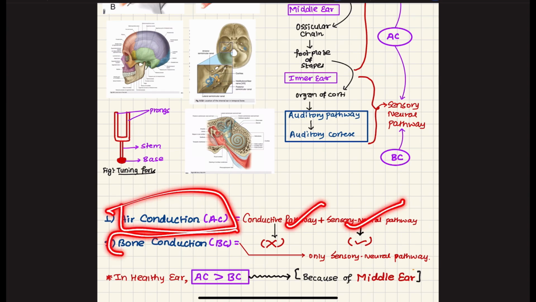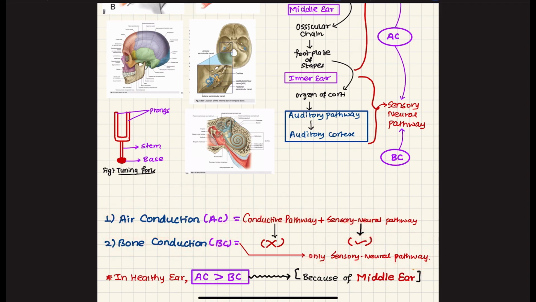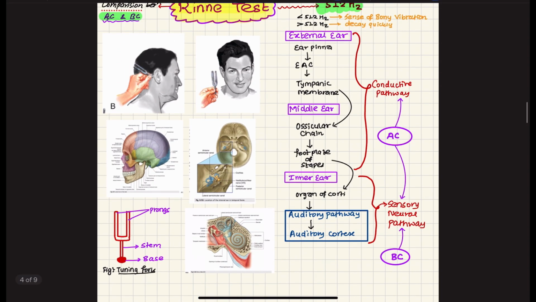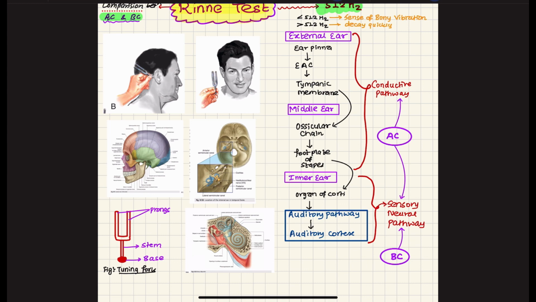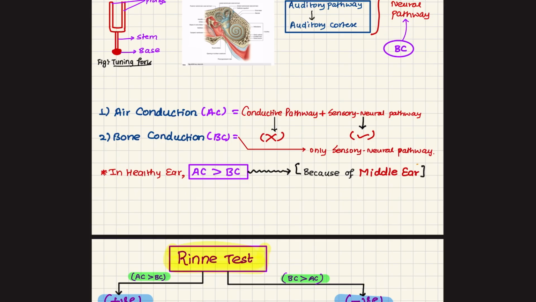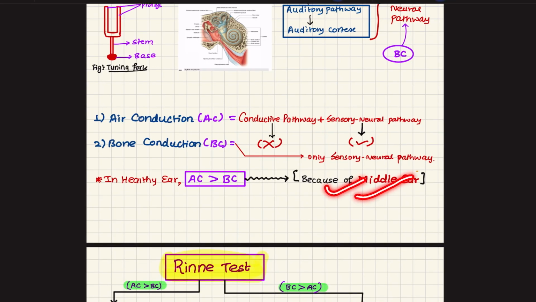In bony conduction, we have only the sensorineural pathway, no conductive pathway. No conductive pathway means no involvement of the middle ear. And if the middle ear is not involved, the sound is not amplified in bony conduction. So we can conclude that in a healthy ear, air conduction is greater than bony conduction because of the involvement of the middle ear, which amplifies the sound.